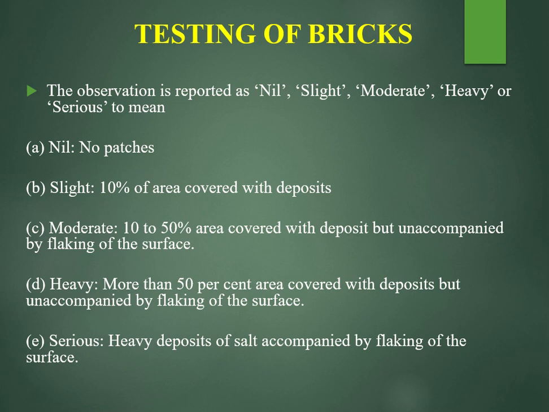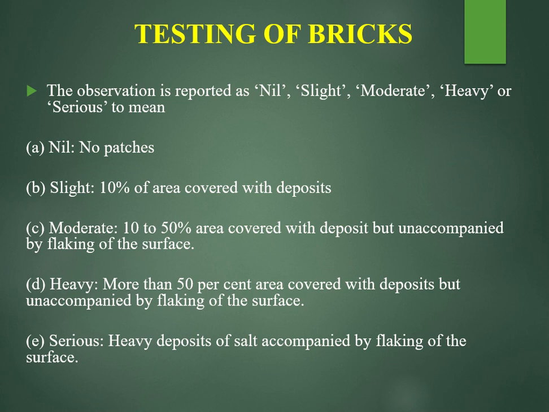If around 10% of the area is covered with white patches or white deposit, we call it slight efflorescence. If around 50% of the surface of the brick is covered with white patches, we call it moderate efflorescence. If more than 50% of the area of the brick is covered with white patches, we call it heavy efflorescence.